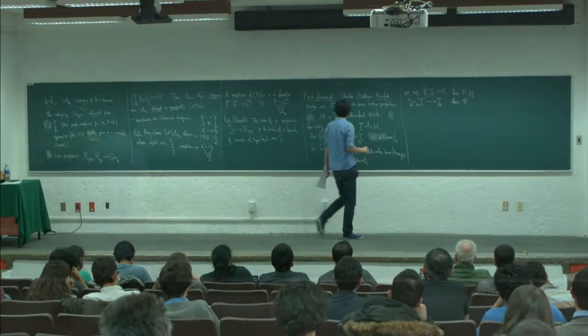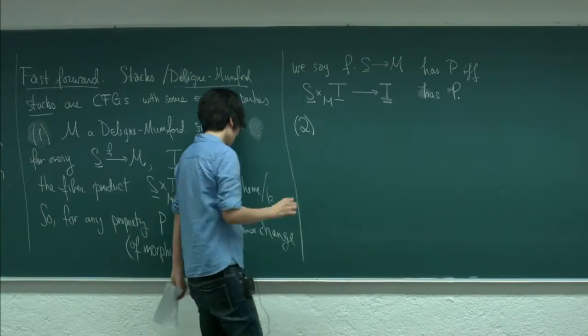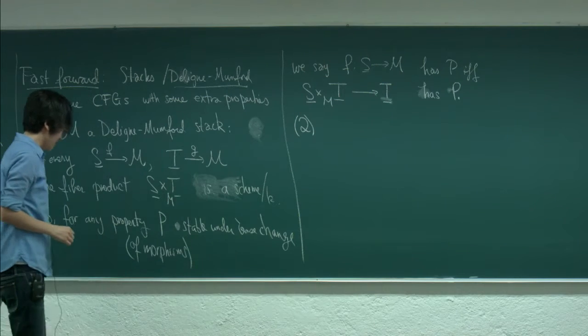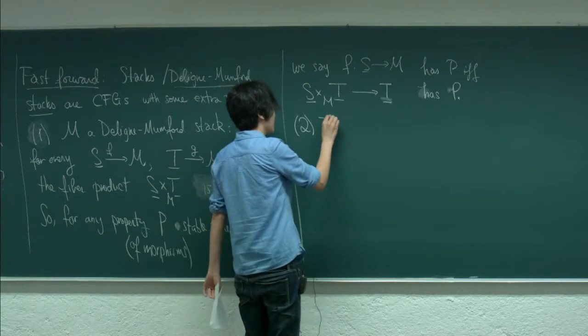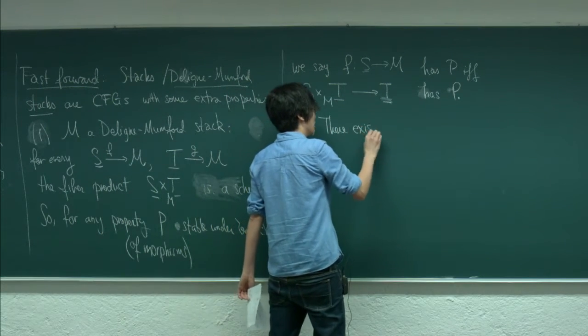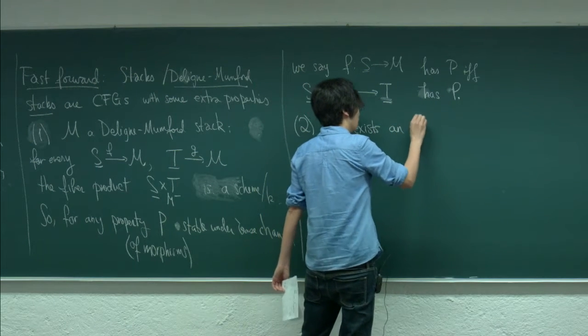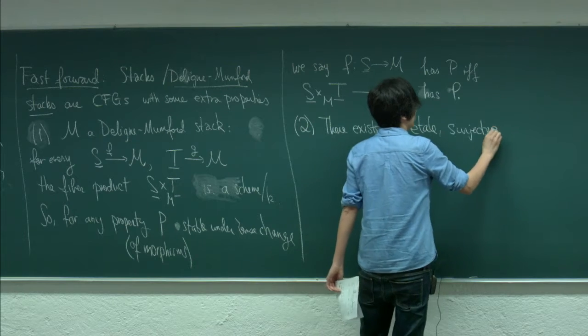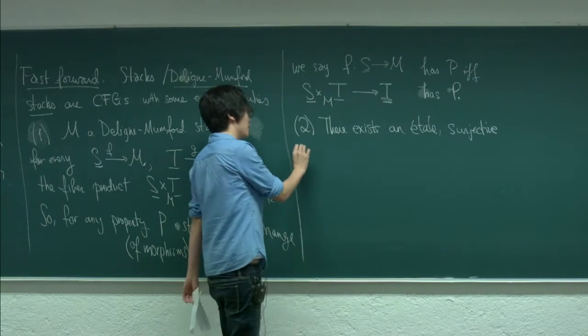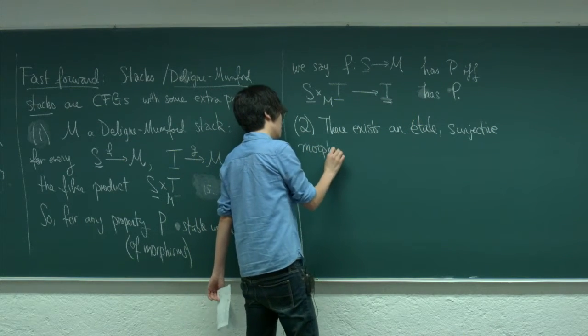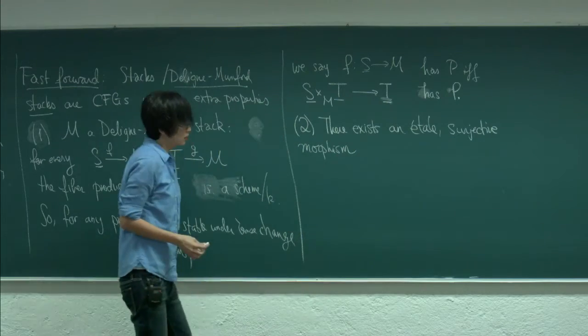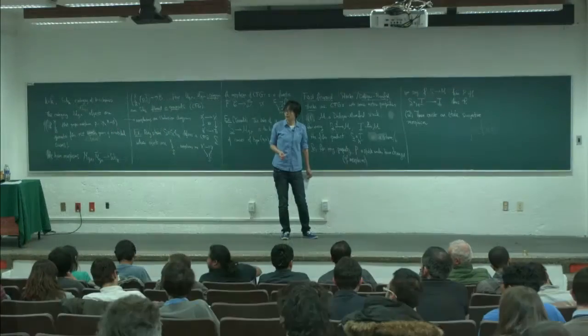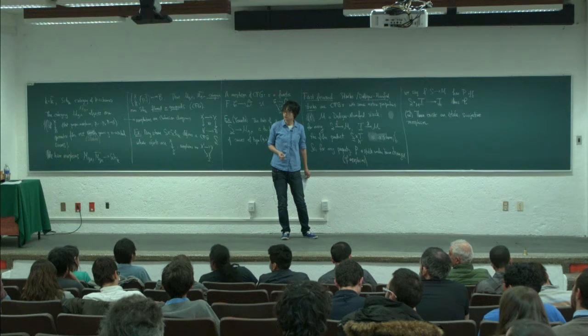So the second property of Deligne-Mumford stacks is that there exists an étale surjective morphism, in other words, an étale cover.